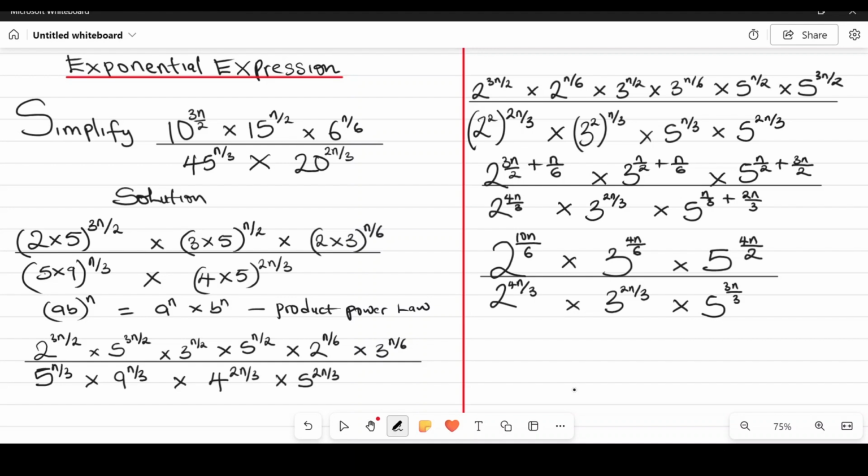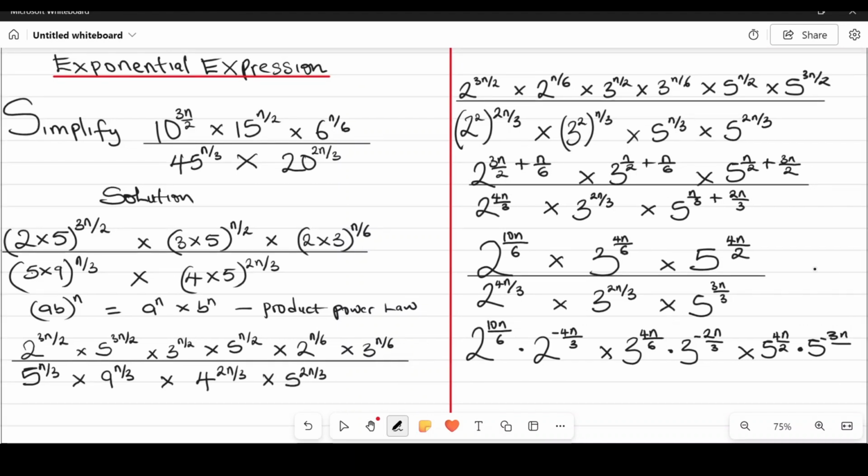If we apply the division law, our expression becomes 2 raised to the power of 10n divided by 6 multiplied by 2 raised to the power of negative 4n divided by 3, times 3 raised to the power of 4n divided by 6 multiplied by 3 raised to the power of negative 2n divided by 3, times 5 raised to the power of 4n divided by 2 times 5 raised to the power of negative 3n divided by 3.